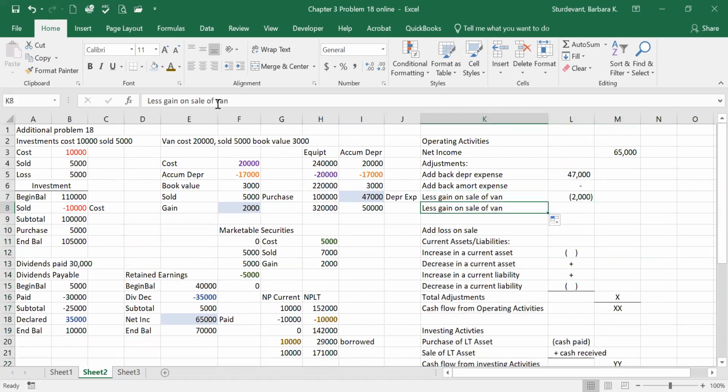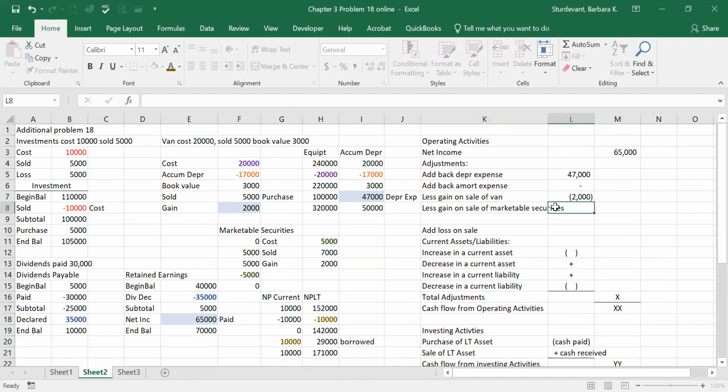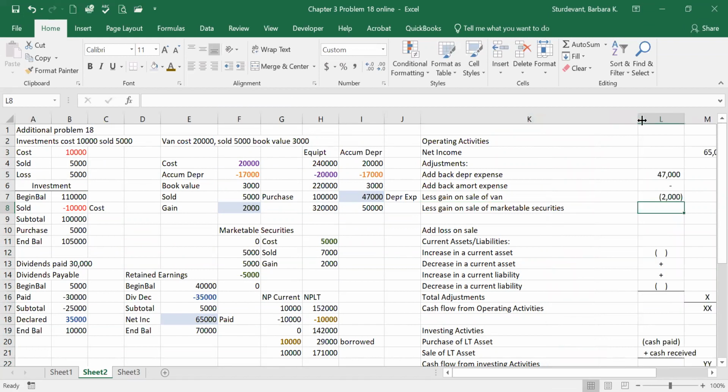And see, now you can see why I'm labeling things, because we had two of them.